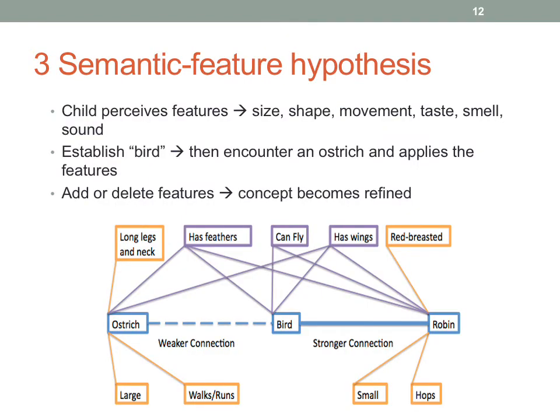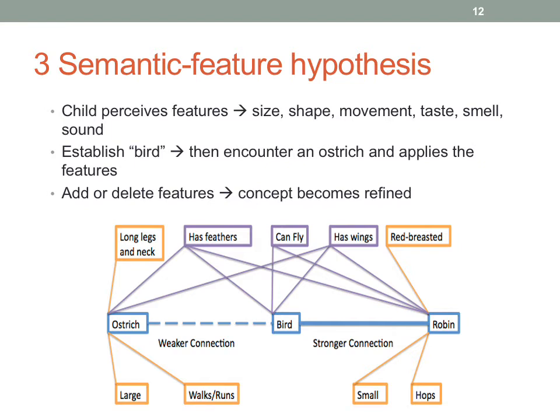So hypothesis number 3 is the semantic feature hypothesis. In this hypothesis, what a child is thought to be doing is that they perceive the features of an object or an action. They'll perceive the features of size, shape, movement, taste, smell, sound, and then by noticing those different features, they're creating an understanding of word meaning.